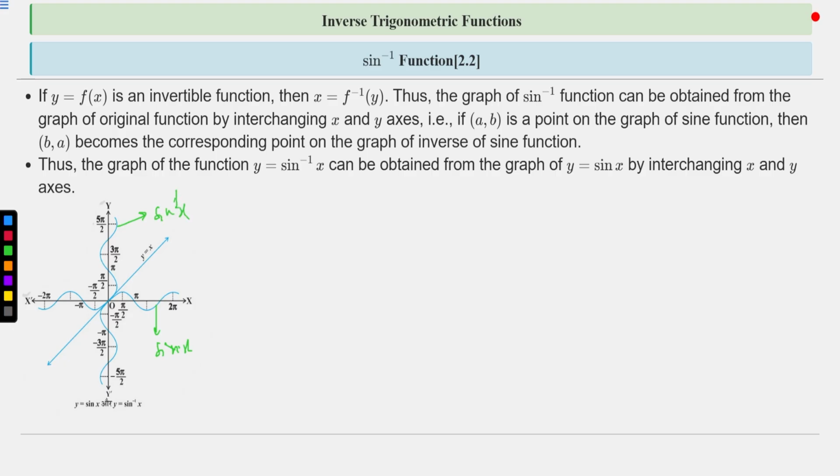What we did basically is interchange the axes: the x-axis becomes the y-axis and the y-axis becomes the x-axis. So we can find the graph of sin⁻¹x by taking the mirror image of the graph of sin x with respect to the line y equal to x, because both are inverses of each other. This is basically the graph of sin x and sin⁻¹x. Okay, let us move.